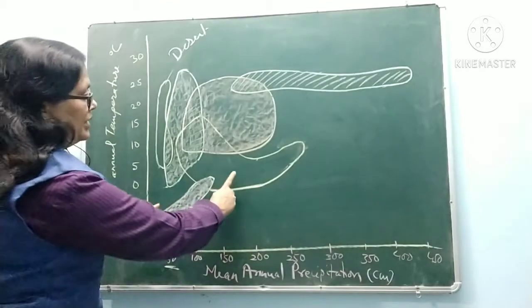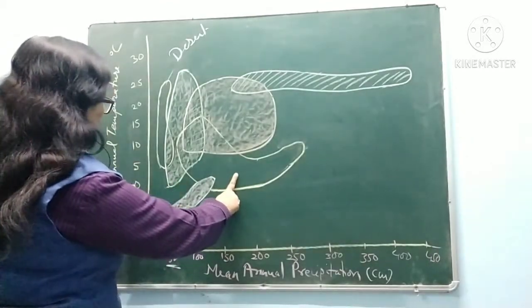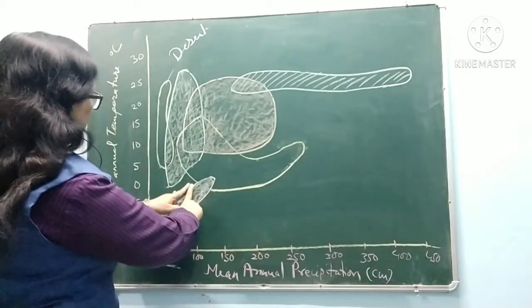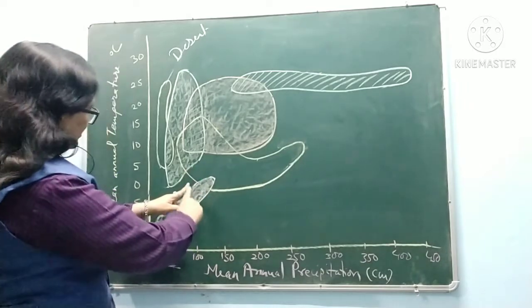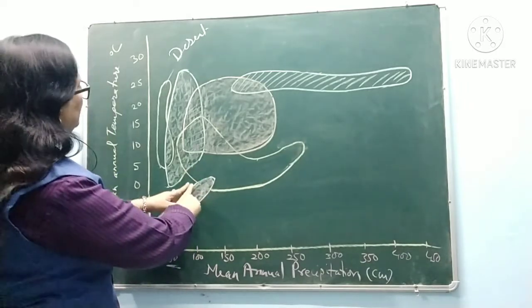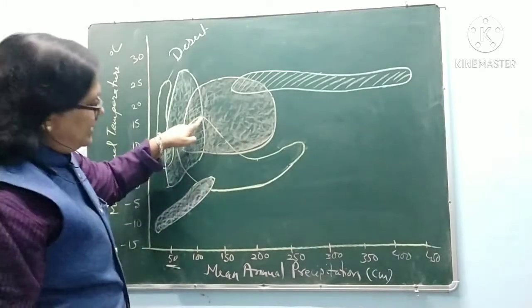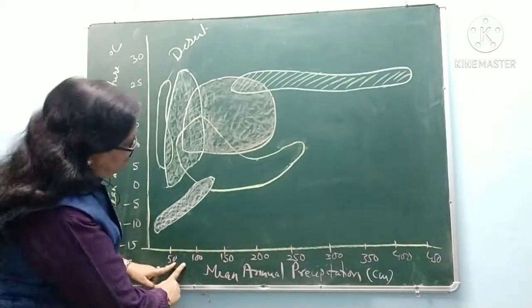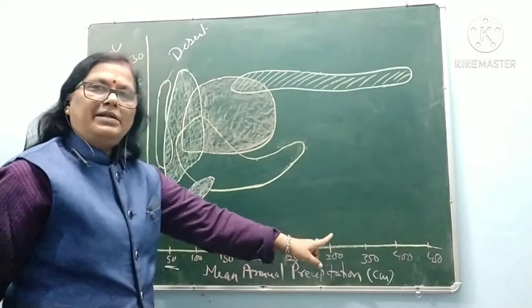Now you see here, this particular biome ranges from near about 0 degrees Celsius, or it also comes down to minus 3 degrees Celsius, up to 17 degrees Celsius, and rainfall or precipitation ranges from 50 to near about 300 centimeter.